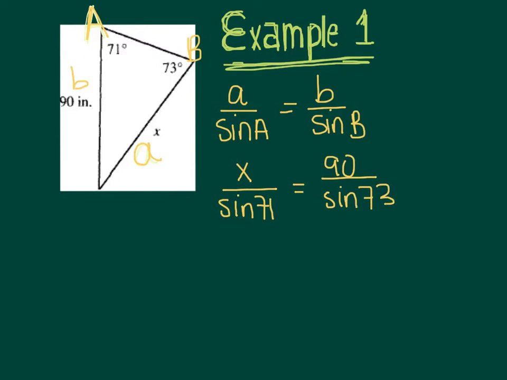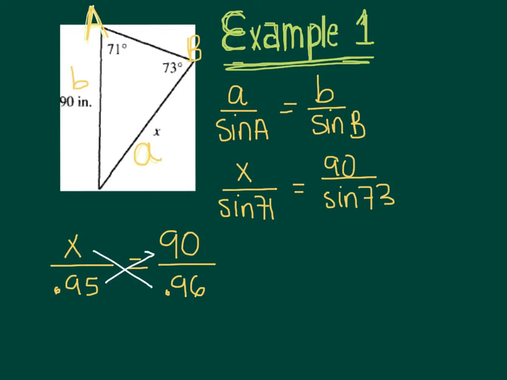I now need to go to the calculator to actually simplify sine 71 and sine 73. So sine 71 is 0.95 over 90. Sine 73, pretty similar, 0.96. Last thing to do, cross multiply. So we have 0.96x equals 90 times 0.95.